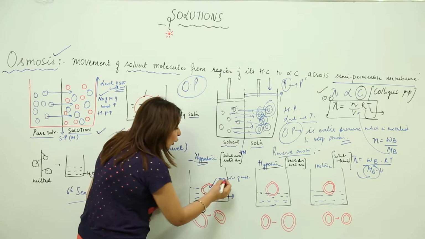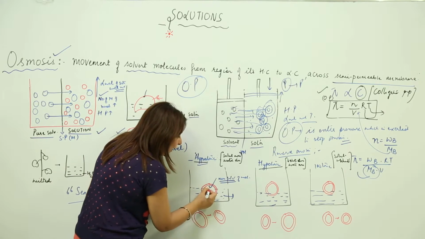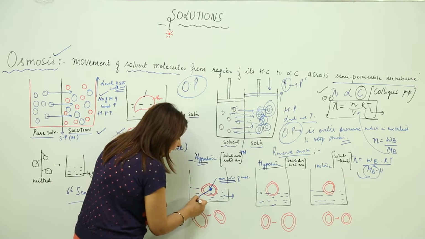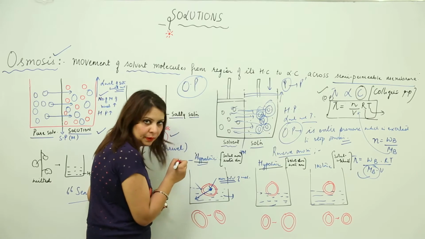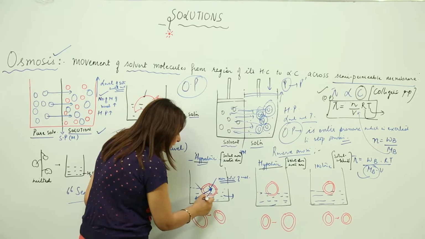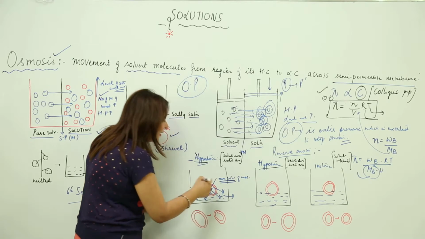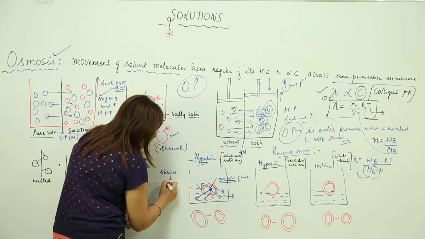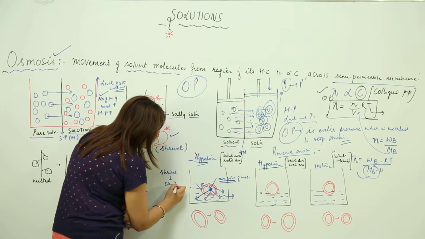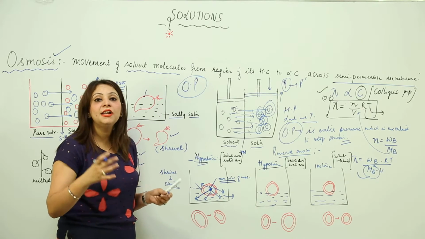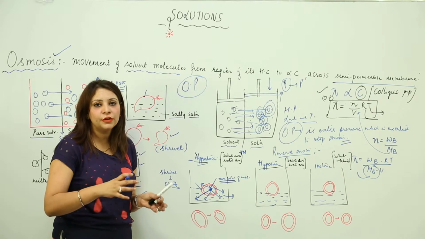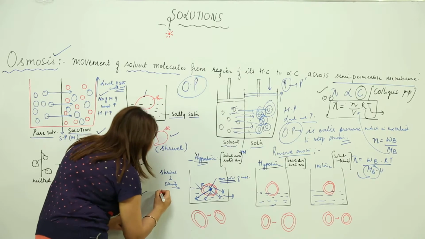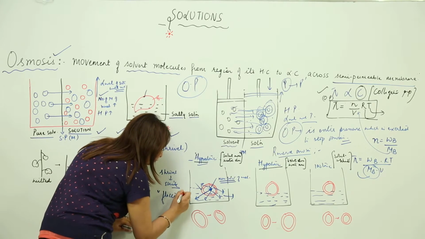So water will move from higher concentration to lower concentration across the semi-permeable membrane. The water will start moving out, and as a result it will shrivel, it will shrink, and finally when a limit is reached beyond which it cannot shrink, that stage is called flaccid.